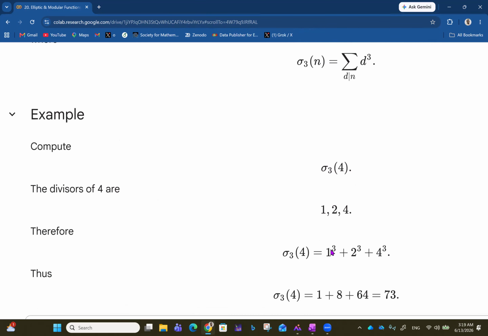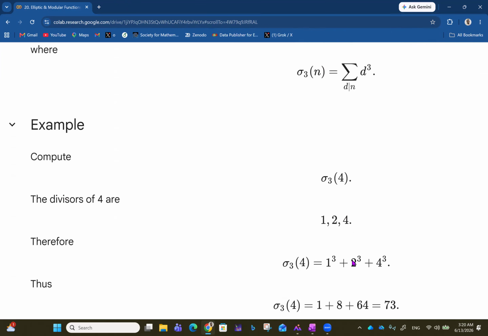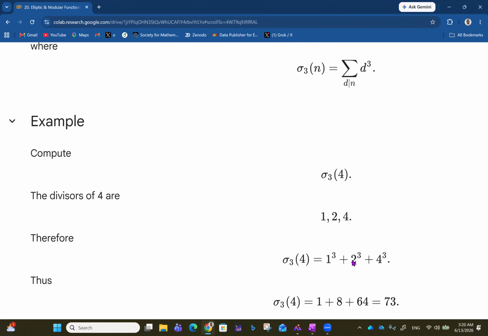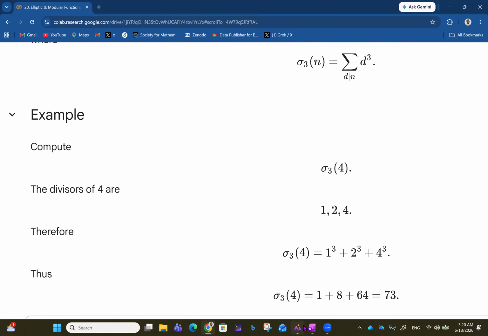For example, to compute sigma sub 3 of 4, the divisors of 4 are 1, 2, 4. Therefore, sigma sub 3 of 4 will be 1 cubed plus 2 cubed plus 4 cubed. I think that's a beautiful thing. So we then have sigma sub 3 of 4 to be 1 plus 8 plus 64, which is 73.